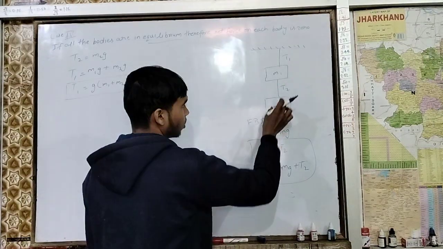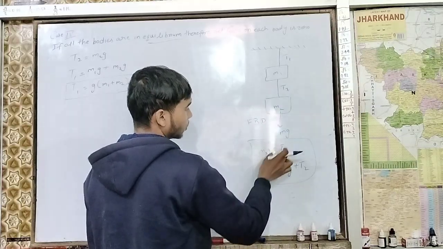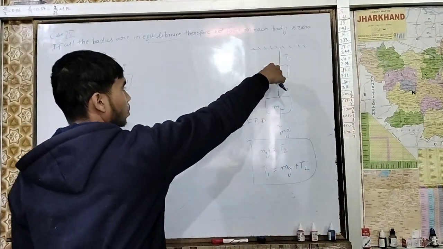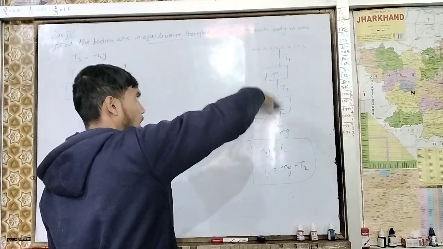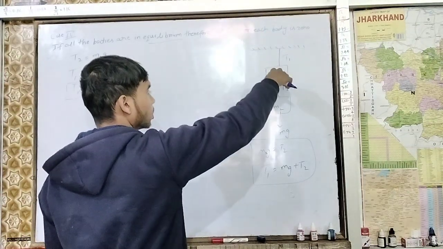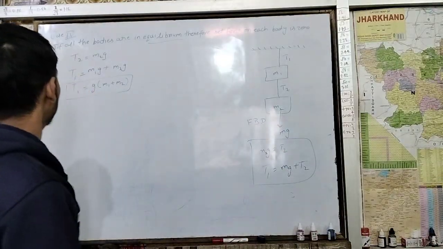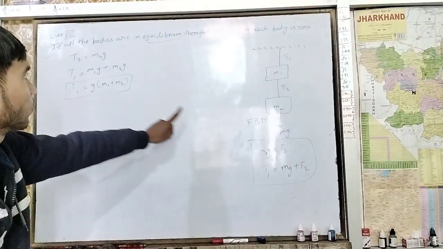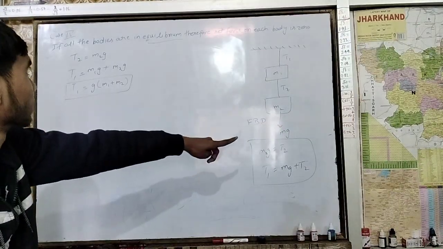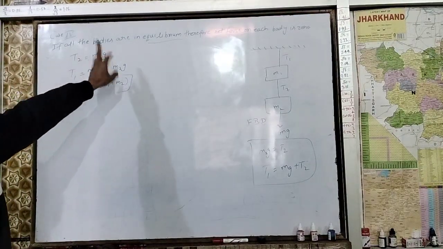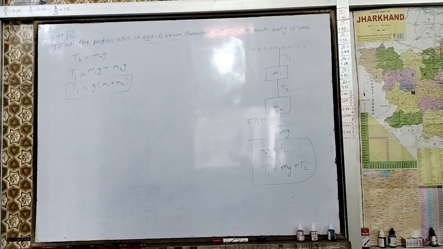So this T2 is equal to M2 into g, and T1 is upward, equal to all the forces that are downward, so T2 plus M1g. This equation we will use when bodies are in equilibrium. So external force T1 will be this much and T2 will be this much. That's it.